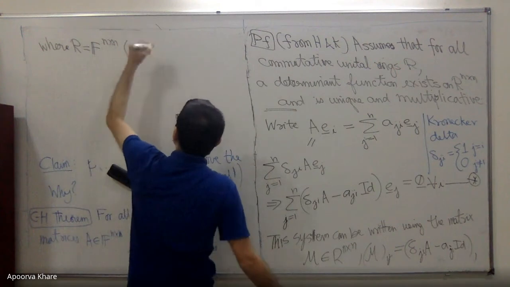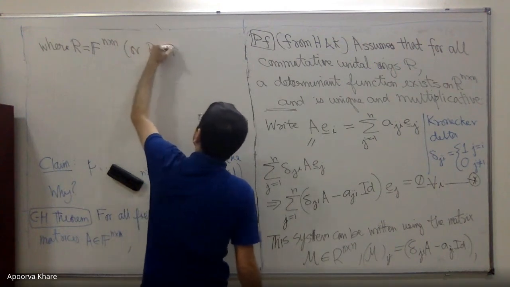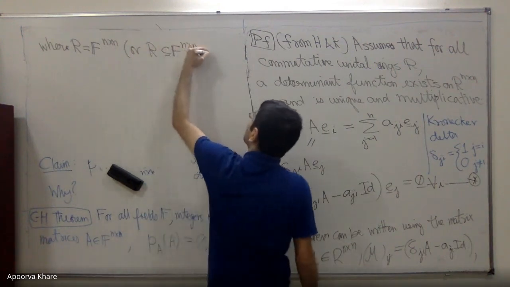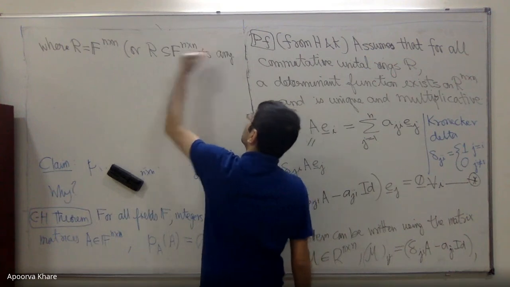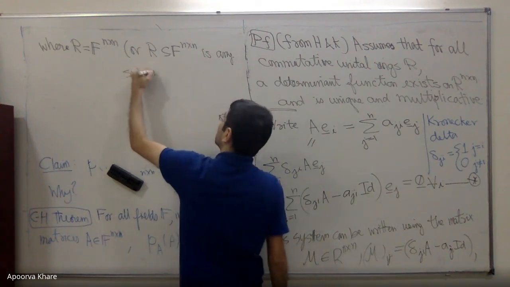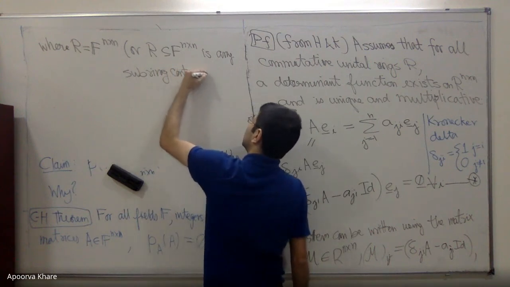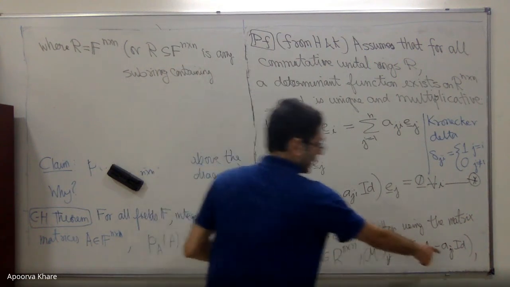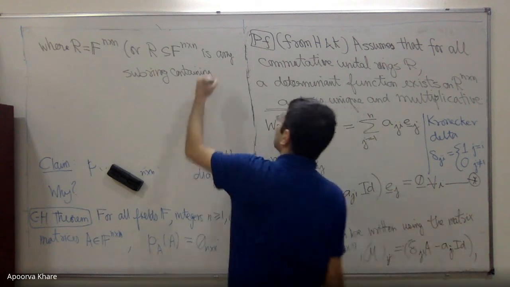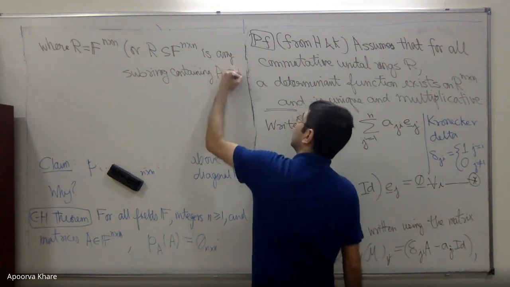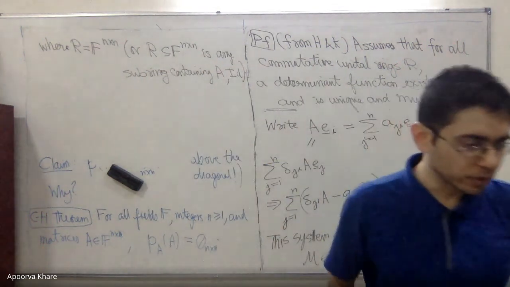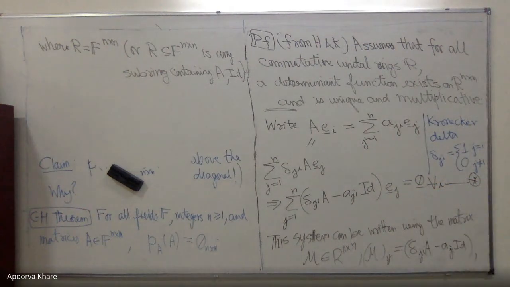Or, to be strictly precise, R is any subring containing exactly the matrices we need to define this matrix M, A and identity. But I could just take R to be F to the n cross n. So I don't know why Hoffman and Kunz don't do that. Why do all this complication of subrings?